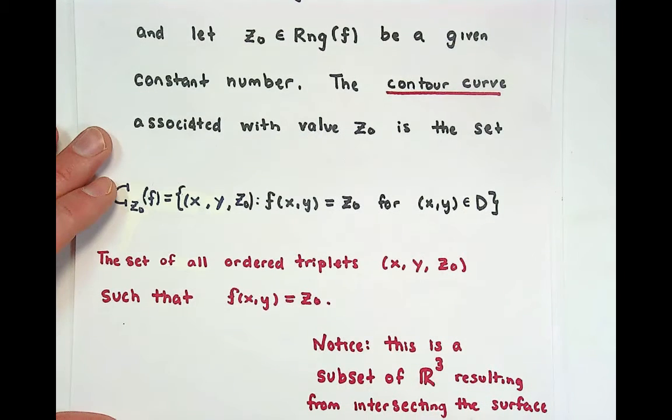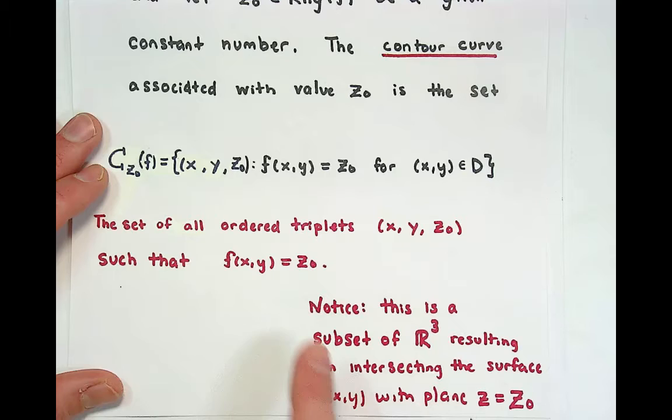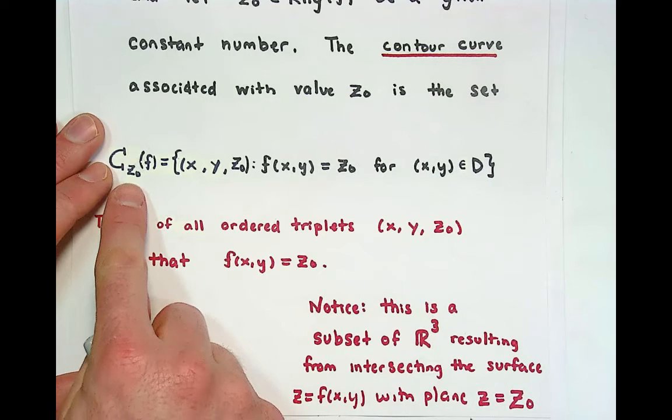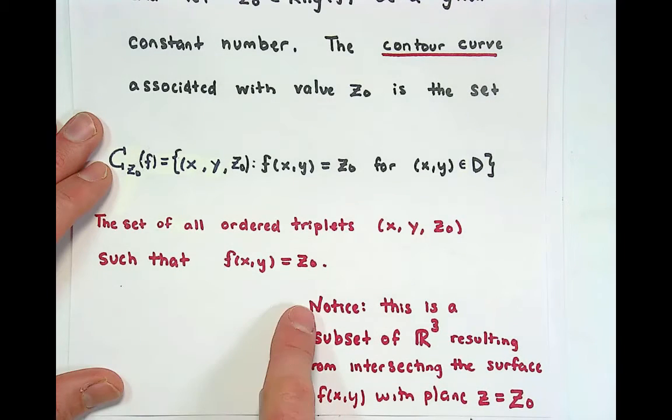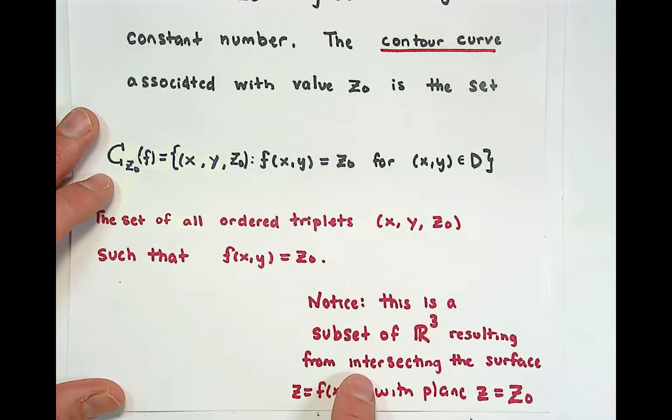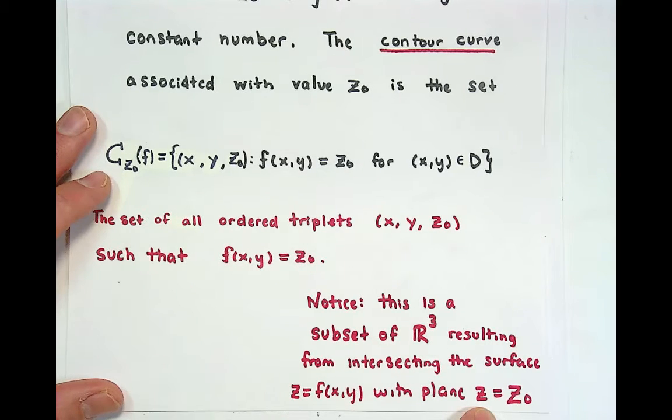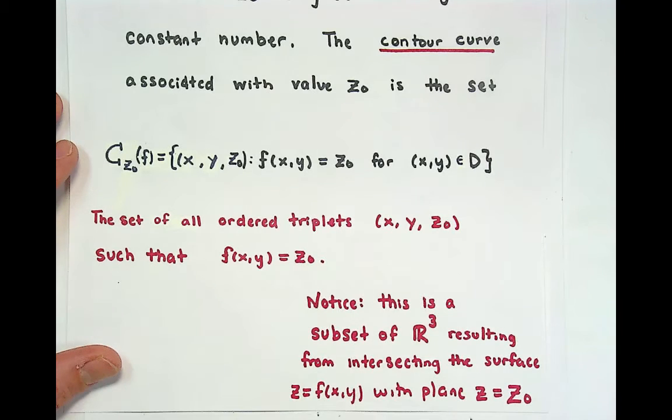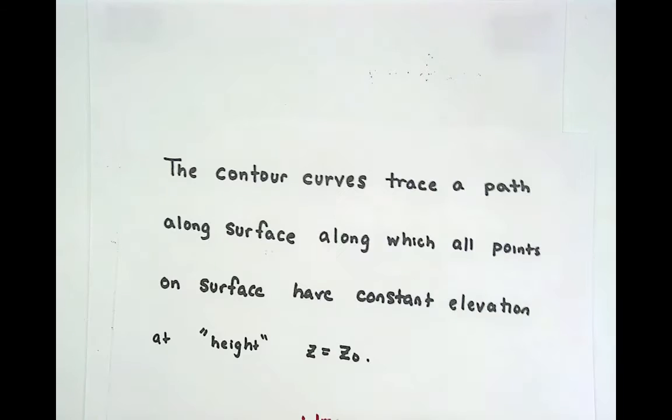And I wanted to make a specific call out. This contour curve associated with constant z0 is a subset of R3. It comes from intersecting the surface at z equals f of x, y with the plane z equals z0. Do you remember what we called these in previous lessons when you intersect a surface with a plane? Ding, ding, ding.